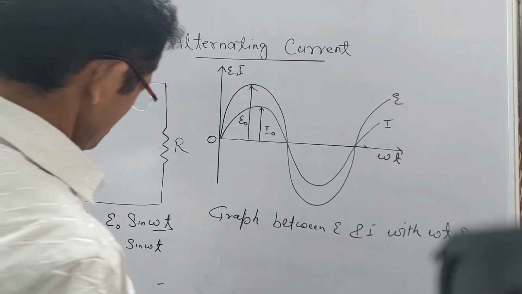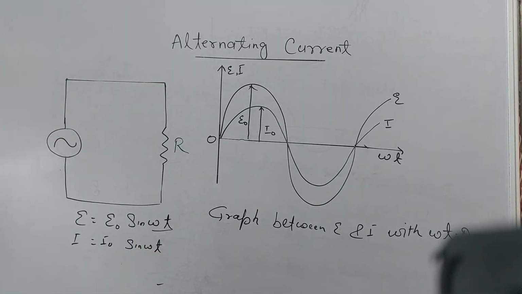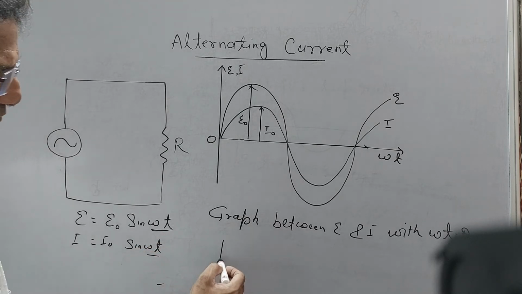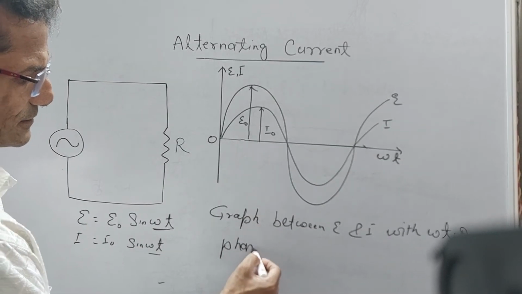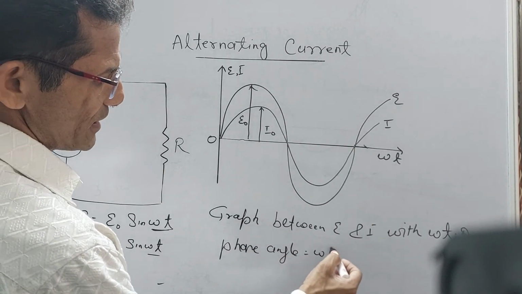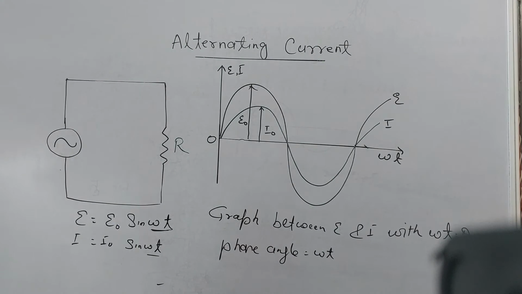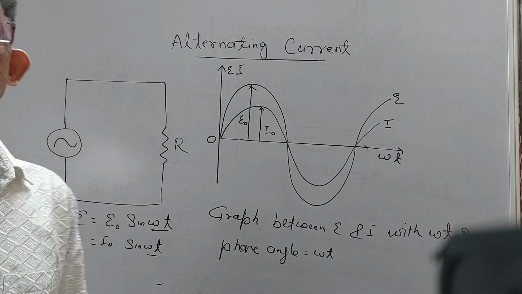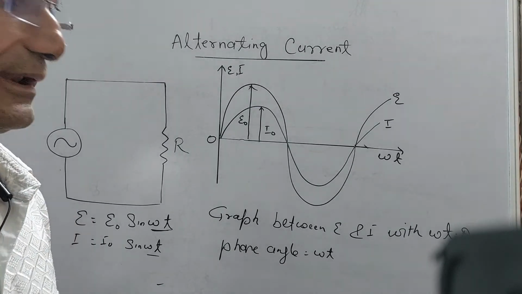Because voltage and current are in the same phase, the phase angle between them is omega t. Phase angle normally indicates the position, the relation between two things in terms of position and direction.